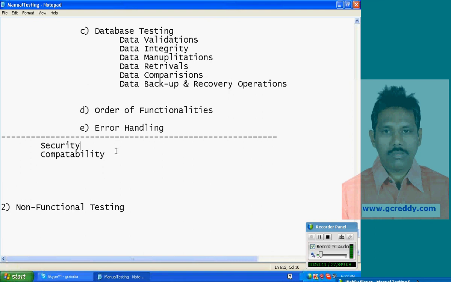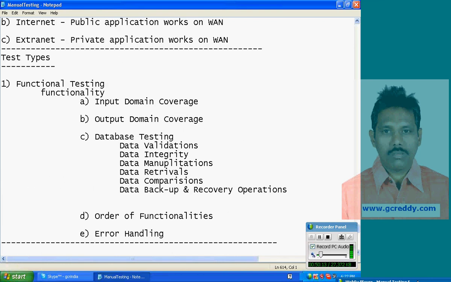Next, security testing. See here, once again, remember, functional testing is a test type. It is applicable for every level of testing, which means it can be applied in component testing, integration testing, system testing, and acceptance testing.